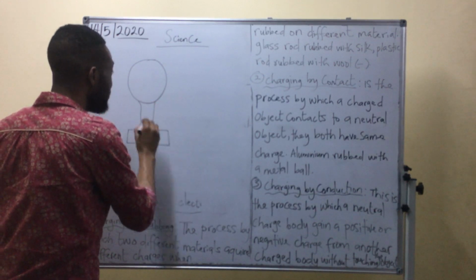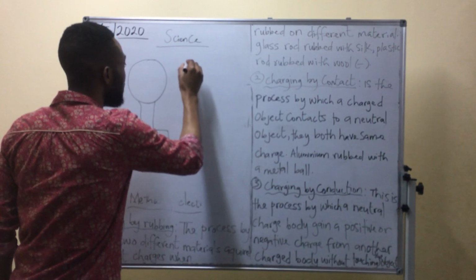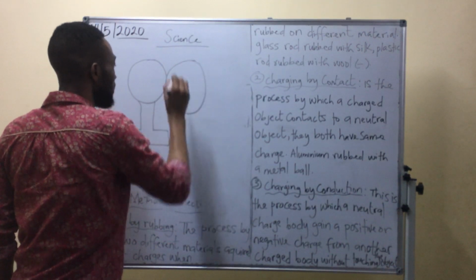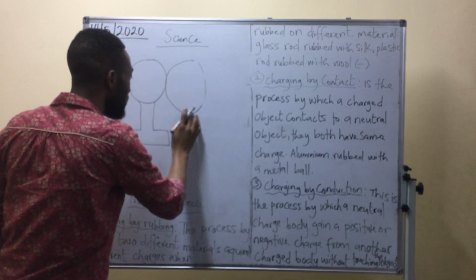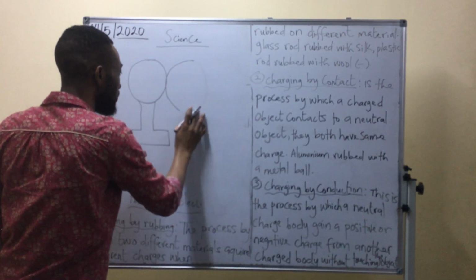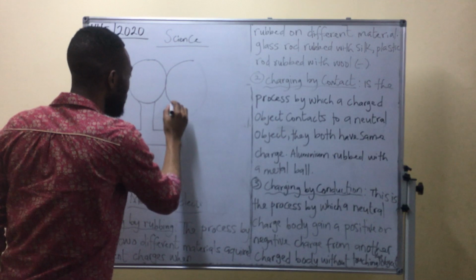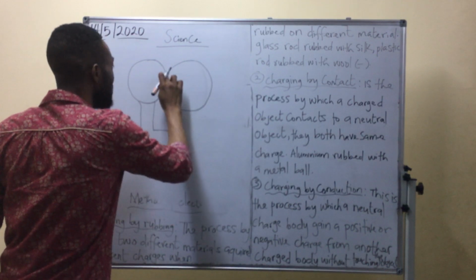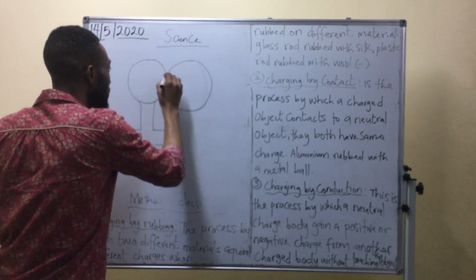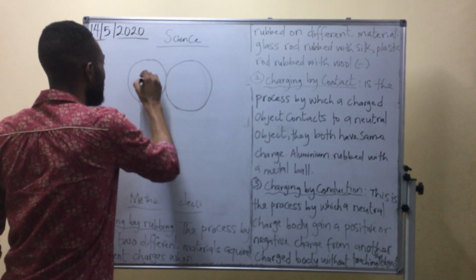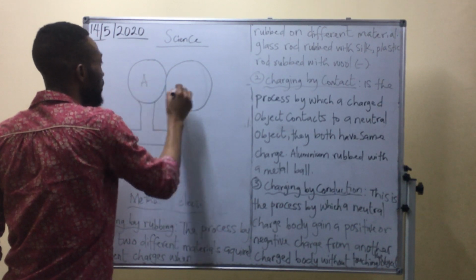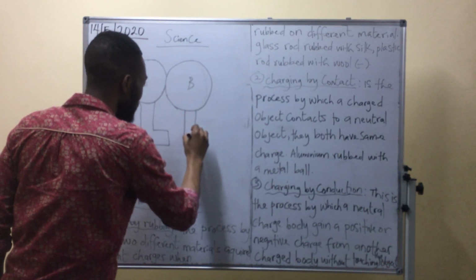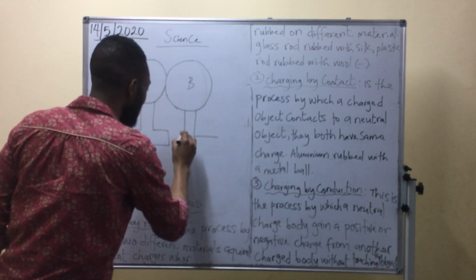We know what an insulator is. This is another metal ball touching the first metal ball. Let's call them metal ball A and metal ball B. We have an insulator.